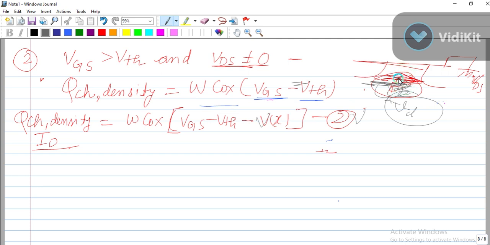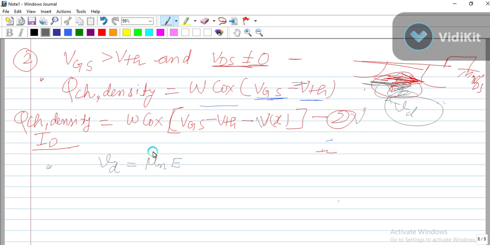The electrons are drifting, but at what velocity? That is called drift velocity. And the drift velocity is equal to mu n E, since we are talking about electrons.